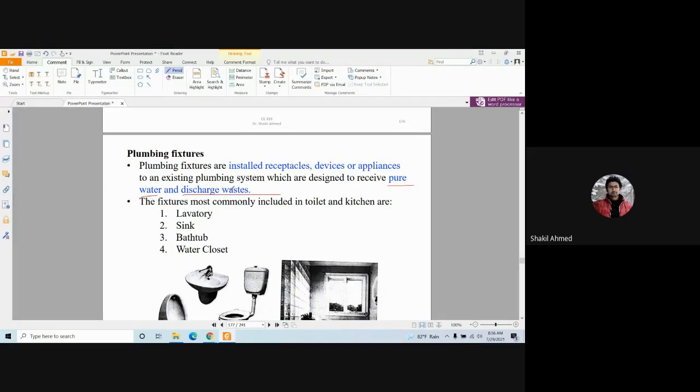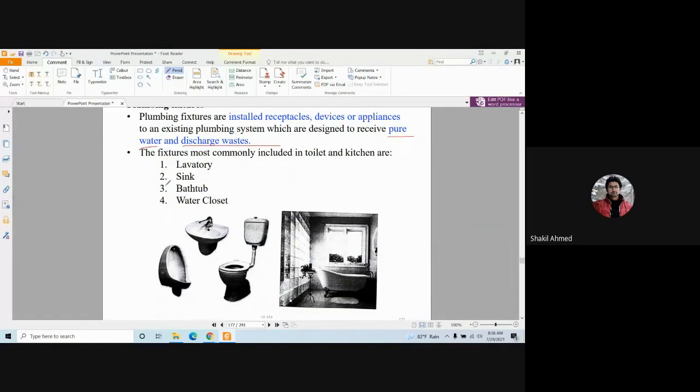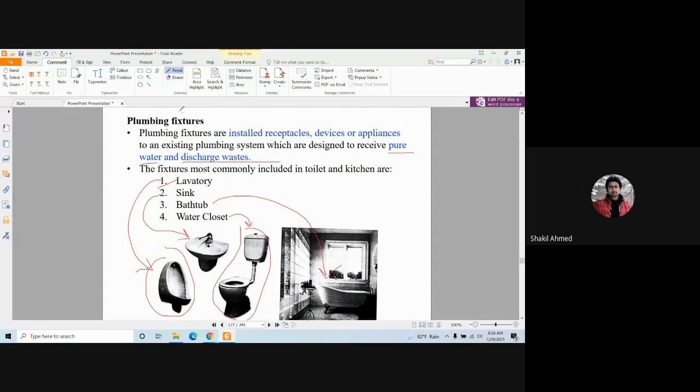What are the examples? Lavatory. This is the lavatory. Then sink. This is the sink. Bathtub. This is the bathtub. Water closet. This is a water closet. So these are all examples of what, guys? Fixtures.